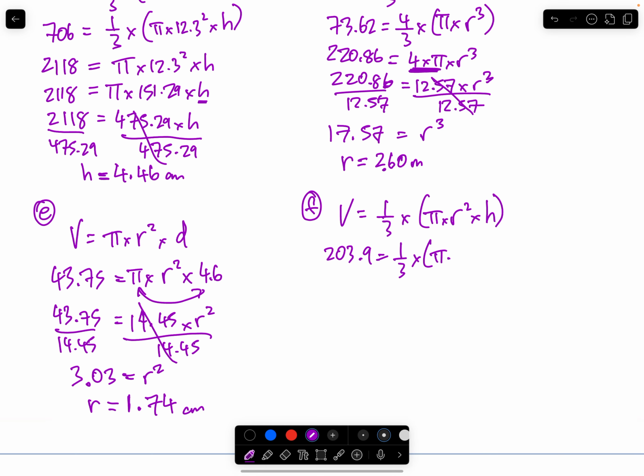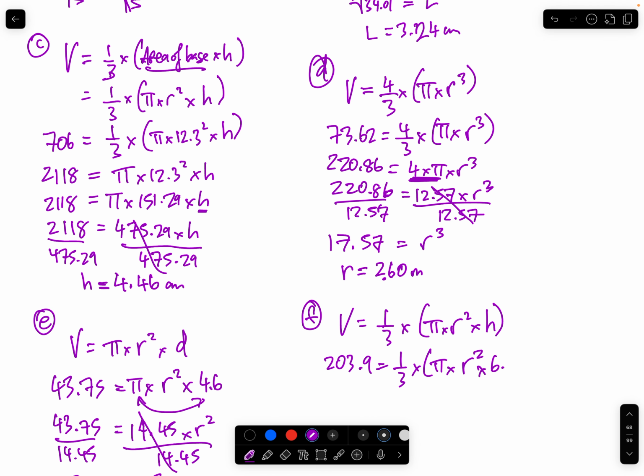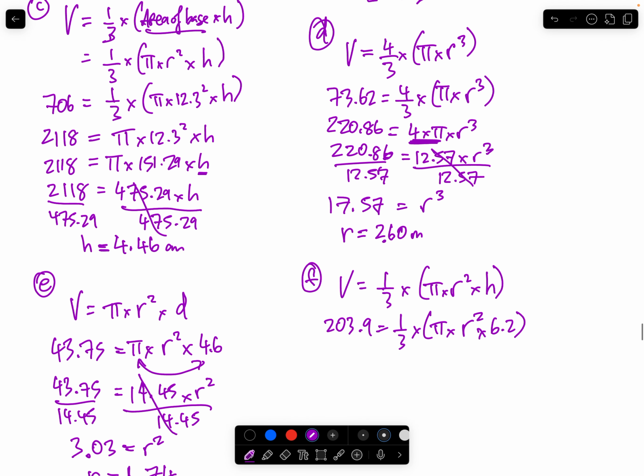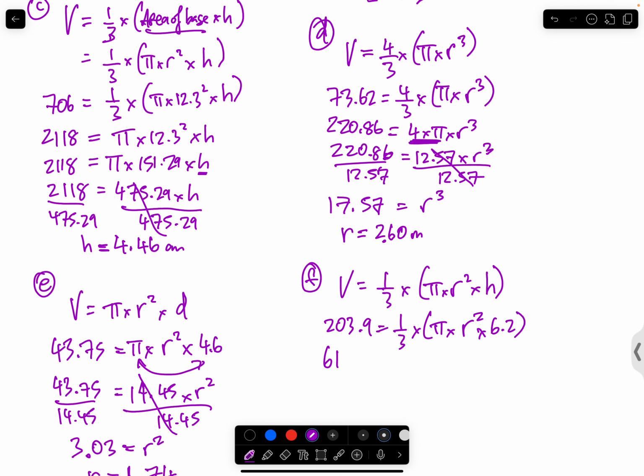Times by pi, same. We're trying to find the radius, so r remains unknown. The height is 6.2. Opposite of dividing something by 3, times by 3. So times all the left-hand side by 3. So 203.9 times 3, 611.7.